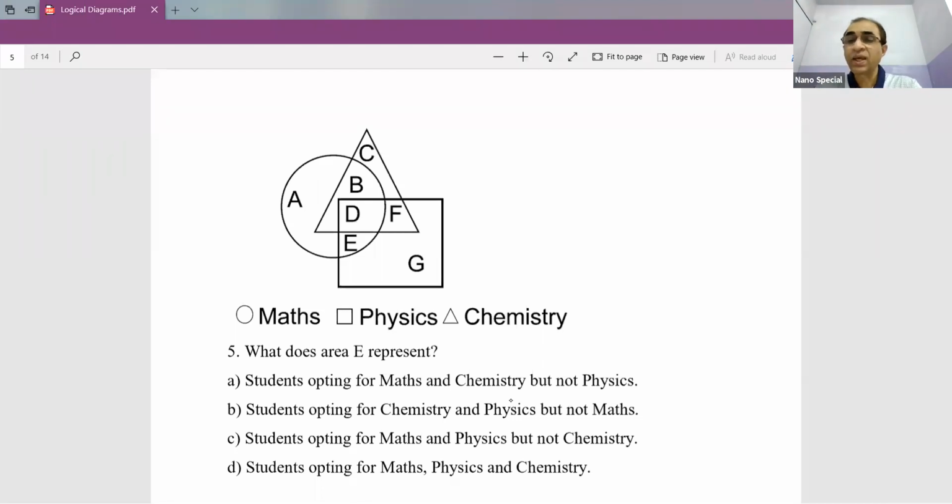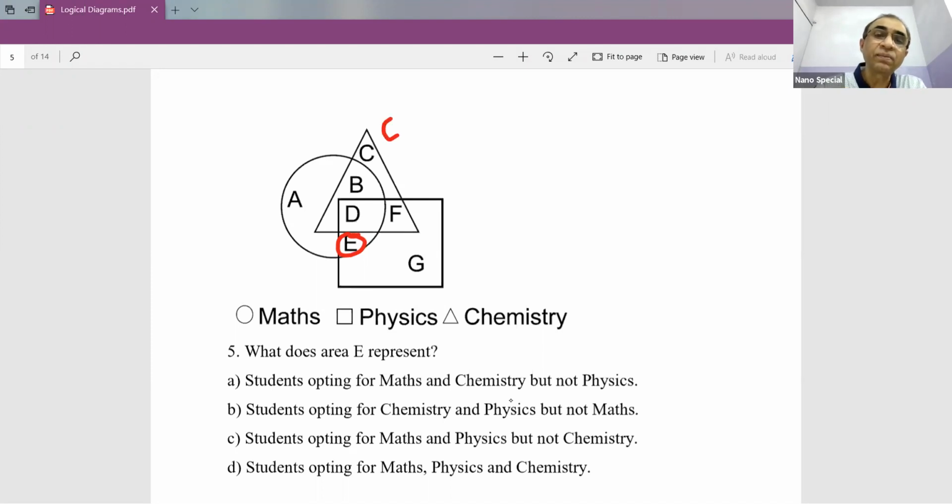Yes, Satyanarayan Reddy, welcome to the session and good afternoon, but that doesn't look like the answer you have given. What does E represent? Now this is E. So E is outside the triangle. Outside the triangle means outside chemistry.